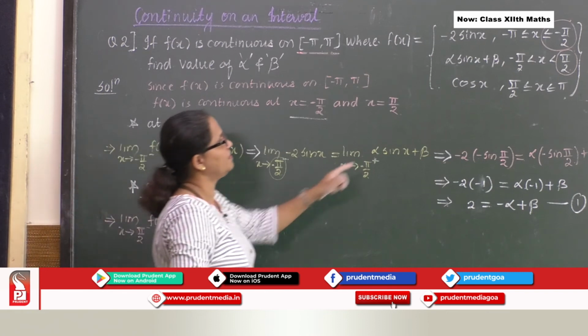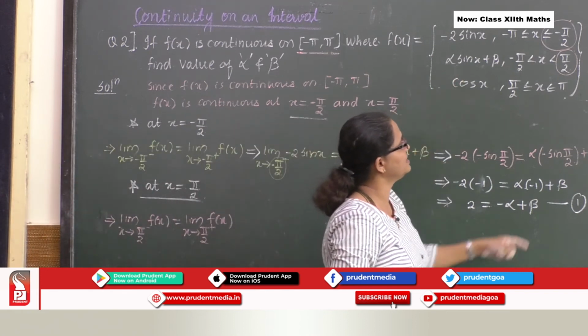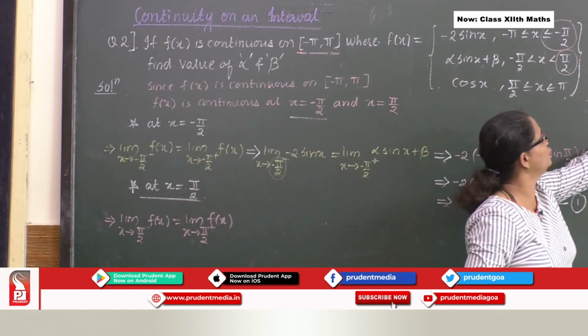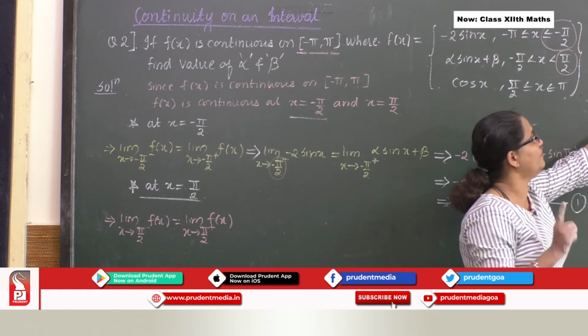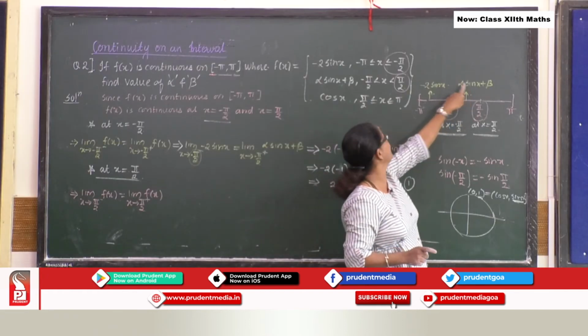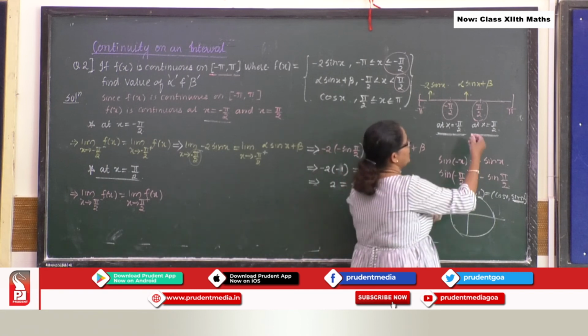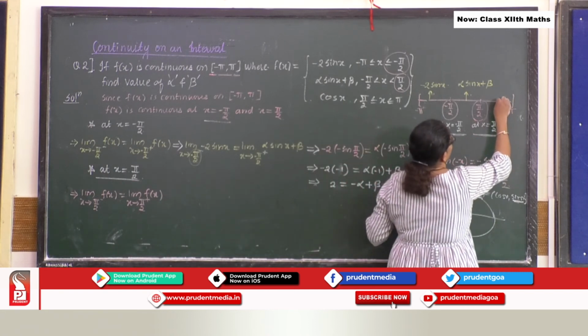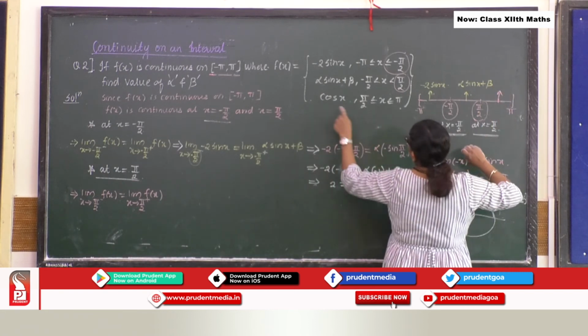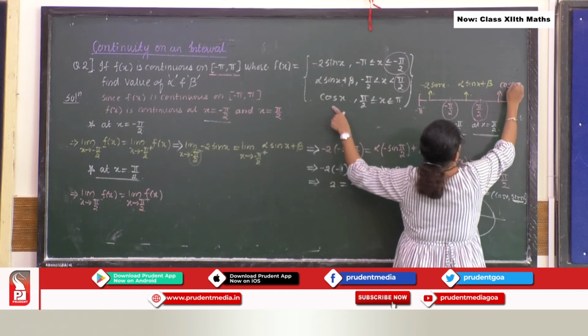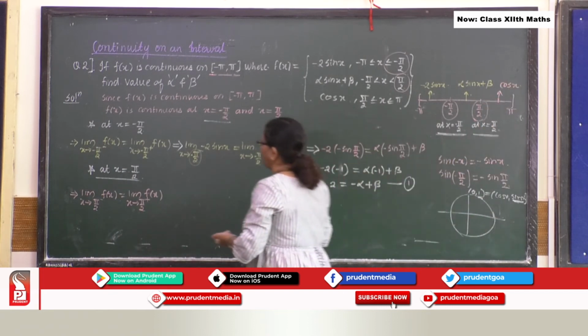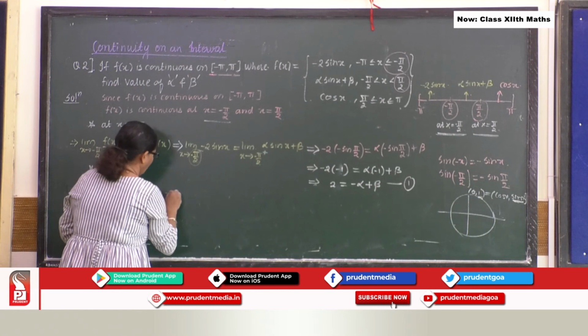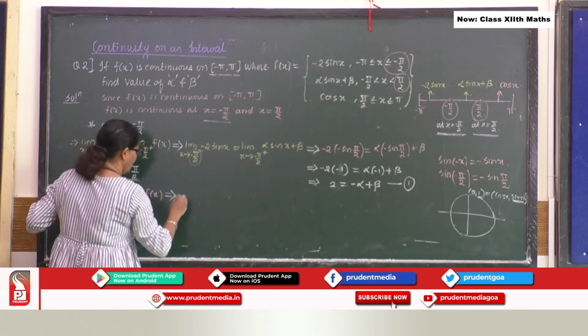Let us talk about the definitions. At pi by 2, the left hand limit uses the second definition, and the right hand limit uses cos x.